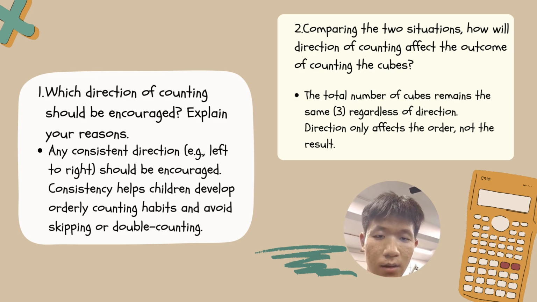Second, comparing the two situations, how will the direction of counting affect the outcome of counting the cubes? The total number of cubes remains the same, regardless of direction. Direction only affects the order, not the result.